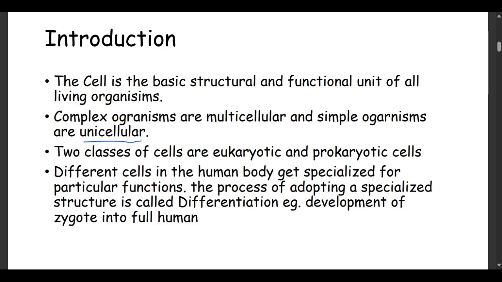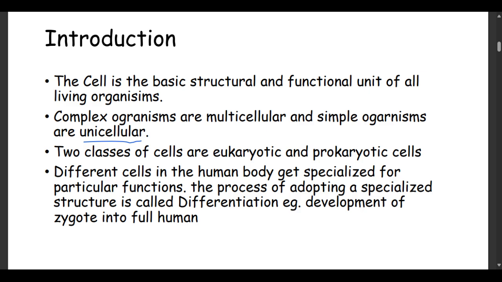The process of adopting a specialized structure for a particular function is what we're calling differentiation. For example, in the development of a zygote into a full human, you're going to have cells differentiating into, for example, epithelial cells that are going to be lining the skin. You're going to find liver cells.